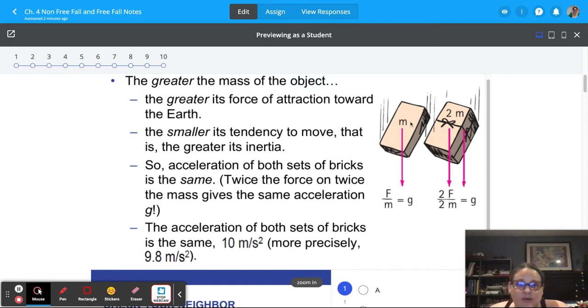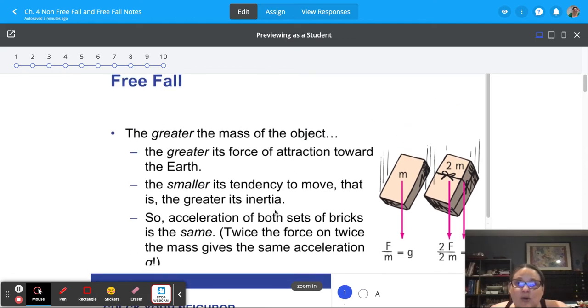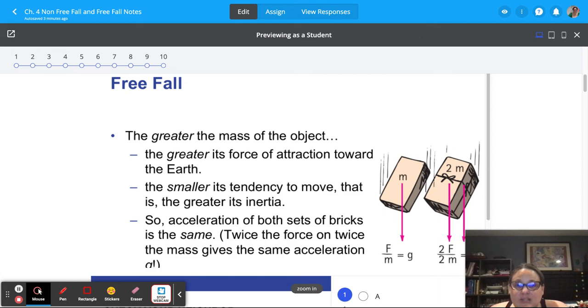So if you have a mass that is twice as large as another mass, then the force of gravity on that object will be twice as well. And then when you solve for g, gravity, it actually cancels out. So they have the same acceleration regardless of mass. Now, this is, of course, in free fall, which is without air resistance.